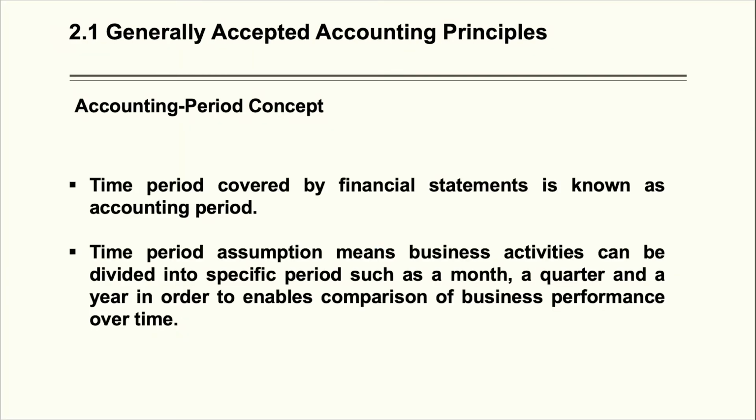Now we look at the next concept, the accounting period concept. The time period covered by a financial statement is known as the accounting period. The time period assumption means business activity can be divided into specific periods such as month, quarter and year in order to enable comparison of business performance over time.